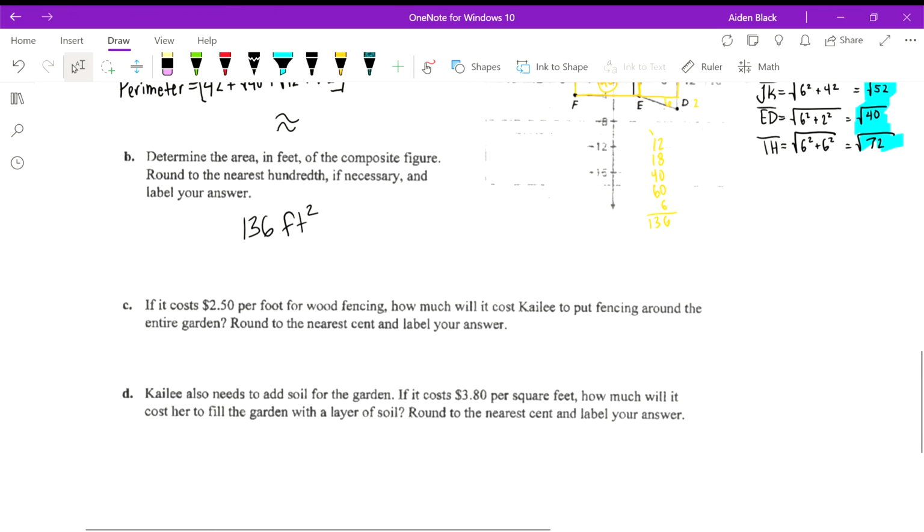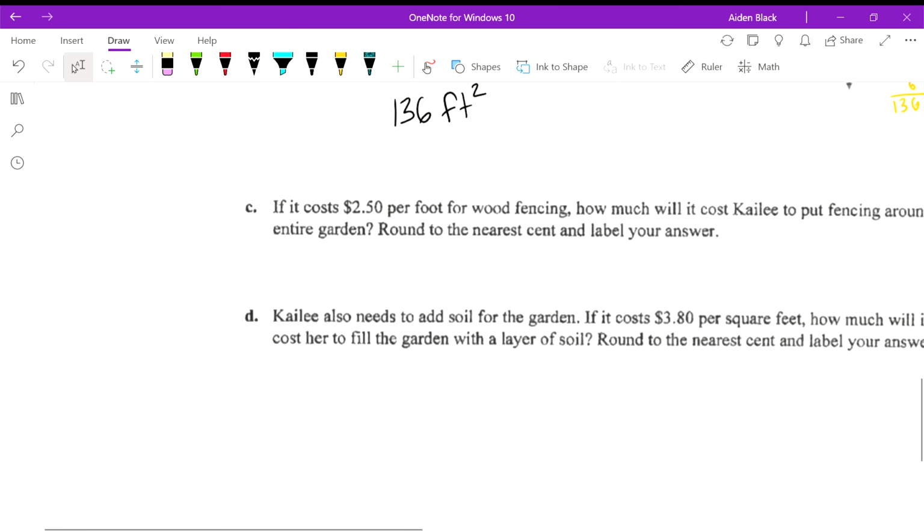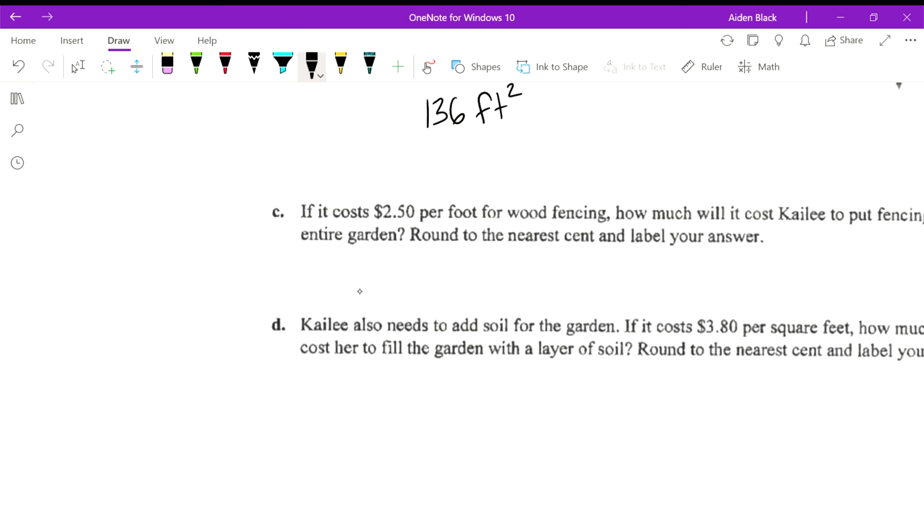Now, if it costs $2.50 per foot for wood fencing, how much will it cost Kaylee to put fencing around the entire garden? So all we have to think about is, if it costs $2.50 for 1 foot, right? This would be $2.50.